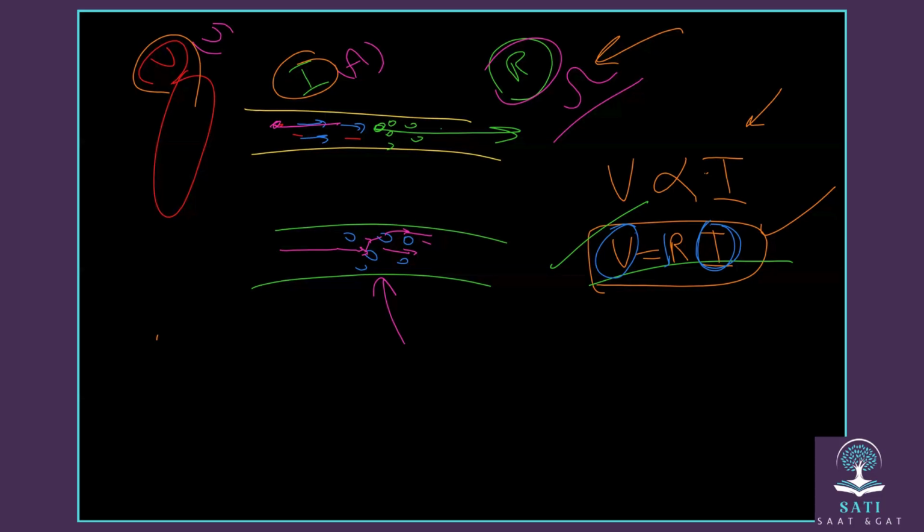Okay, if we talk now about resistance, we said it is represented by the collisions that happen due to the flow of electrons. But as you see, each wire has a thickness, a cross-sectional area, and a length.